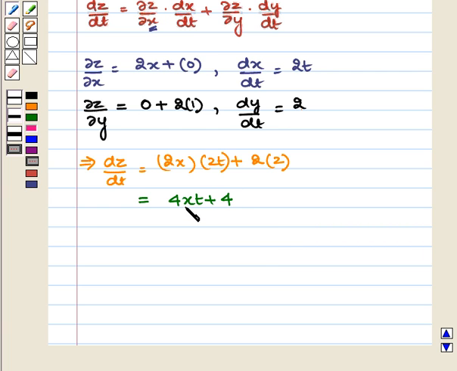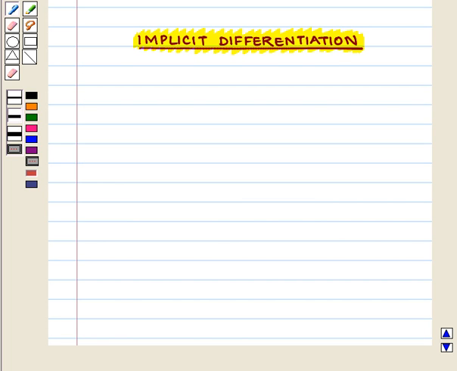Now we eliminate x by using the equation x is equal to t square, and we get dz by dt is equal to 4 into t square into t plus 4, which is equal to 4 into t cube plus 1.